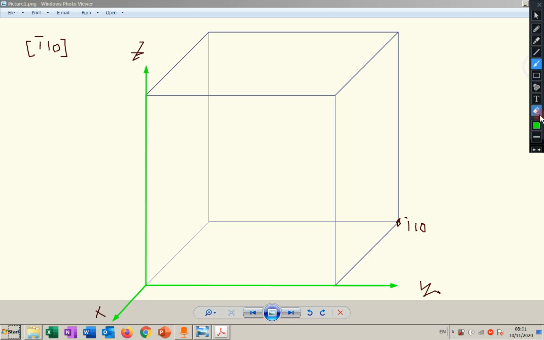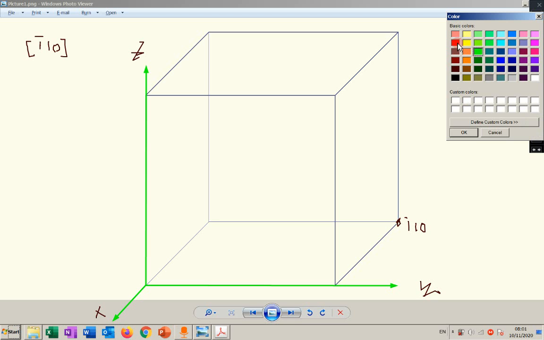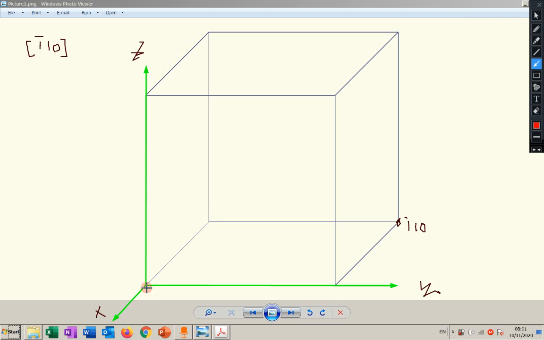Then we draw the direction. We'll start from the origin. It is still the face diagonal, and we know that FCC will have the same thing. Remember, we call them the same crystal structure, FCC.